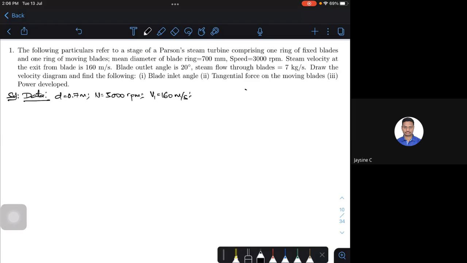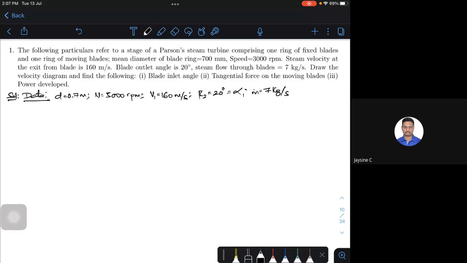The blade outlet angle, this being a Parsons turbine, beta 2 is also equal to 20 degrees, which is also equal to alpha 1. For a Parsons turbine, when r is equal to 0.5, your beta 2 is equal to alpha 1 and your beta 1 is equal to alpha 2. So that we are considering. Then the mass flow rate, m dot, is equal to 7 kg per second.